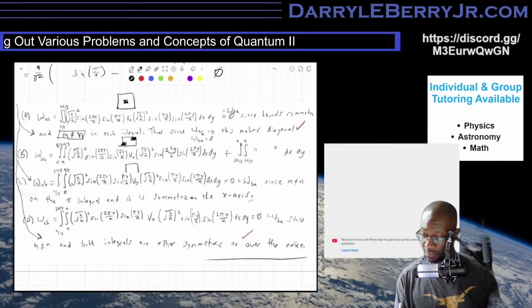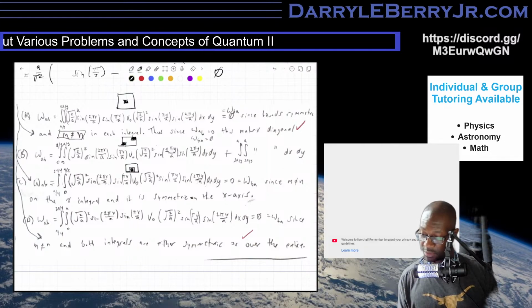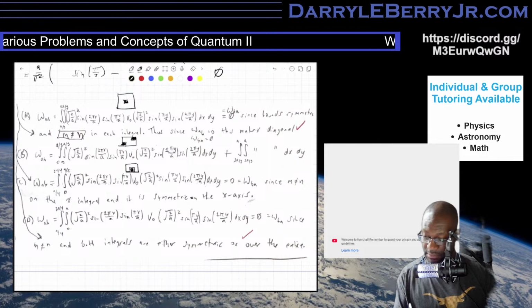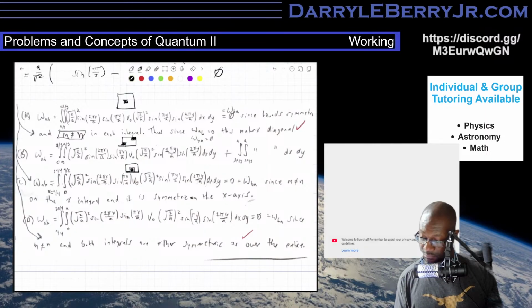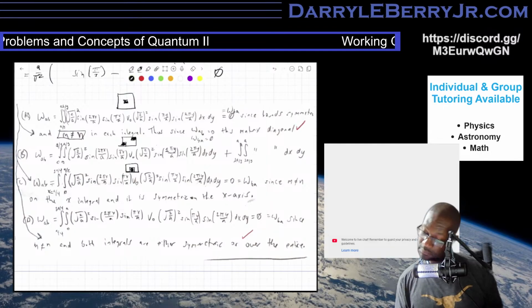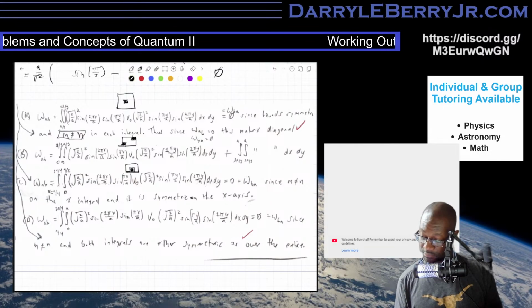This is the one where the box is here, at least the perturbation. So on the x-axis, it is symmetric, so it'll be 0.